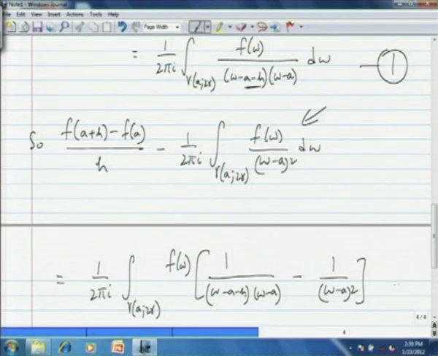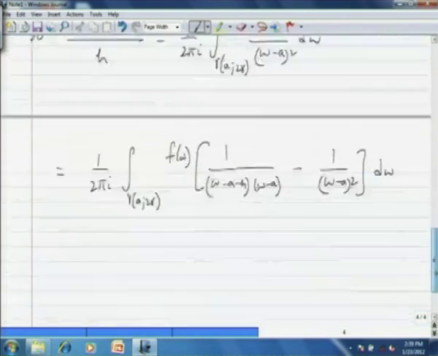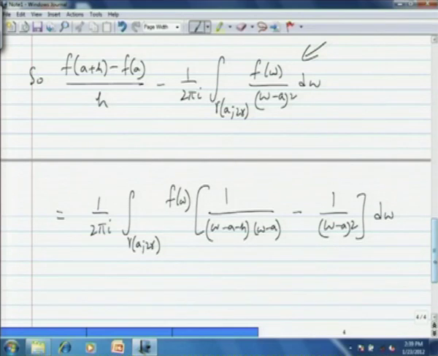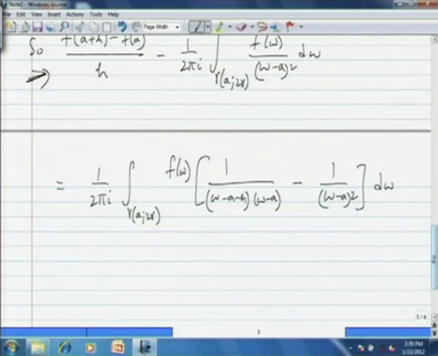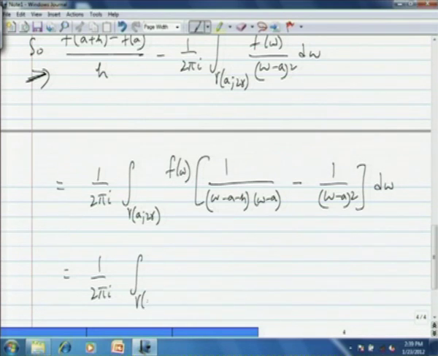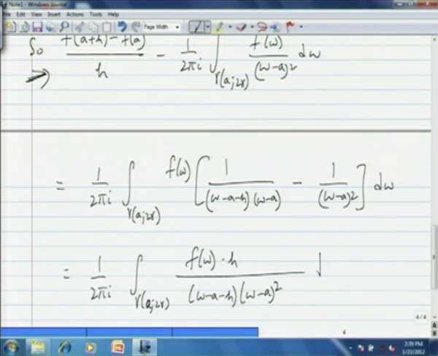So, I am subtracting the integrands and then I get this difference here. Then that is 1/(2πi). After clearing the fraction, I get the integral over gamma_{a,r} of f(w) times h divided by (w-a-h) times (w-a) squared dw.